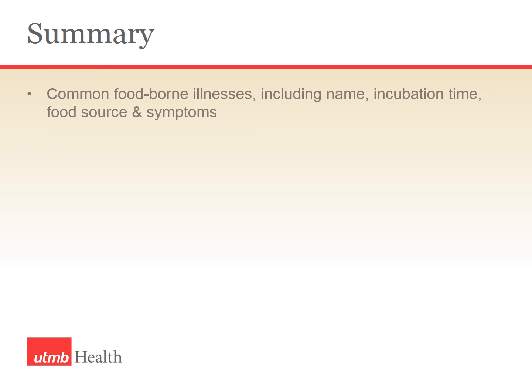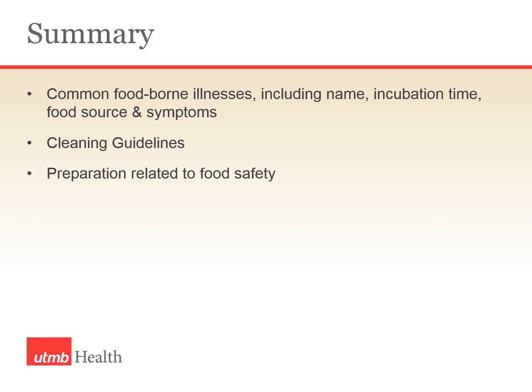So in summary, we talked about some common foodborne illnesses as identified by the CDC. You should know all the content on that table for your RD exam and this class. We talked about cleaning and preparation guidelines released with the 2015 dietary guidelines. We talked about some food behaviors that Americans should avoid, and some in particular that pregnant women should avoid.